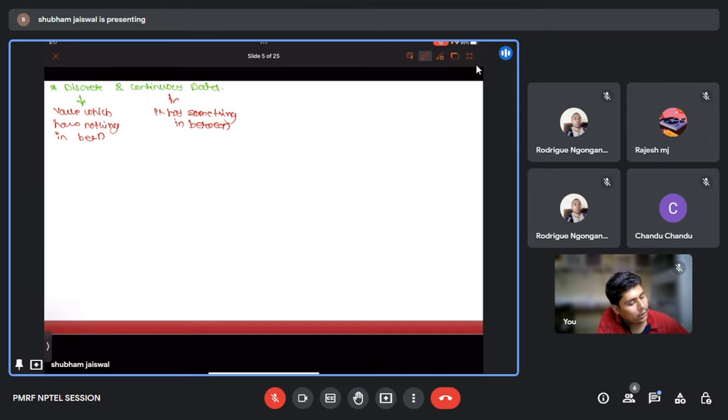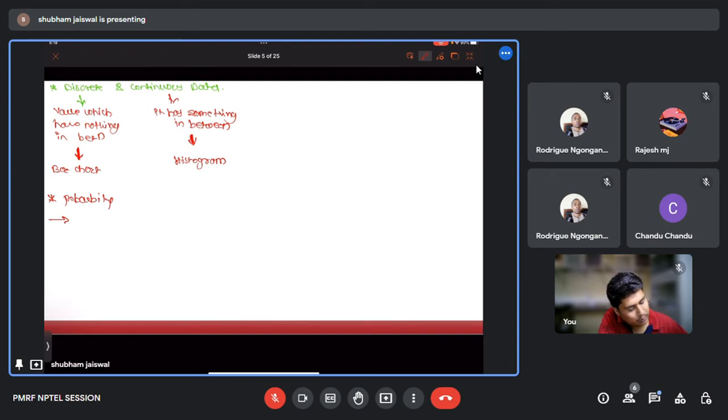Okay. And generally the discrete data will be visualized or represented in the form of a bar chart, and the continuous data will be in the form of a histogram. Then after that, in the last we have seen the introduction to probability. So what is probability?